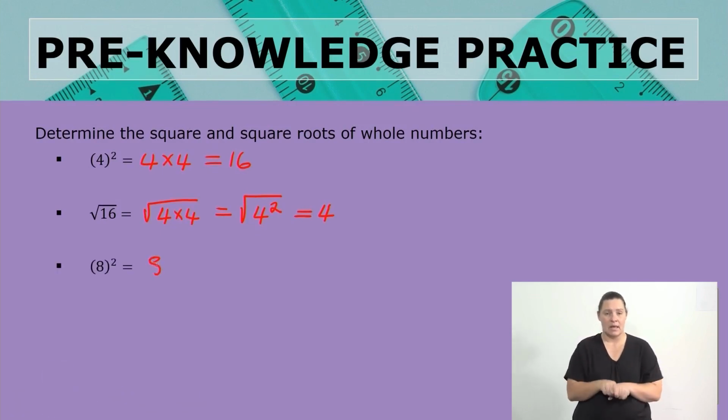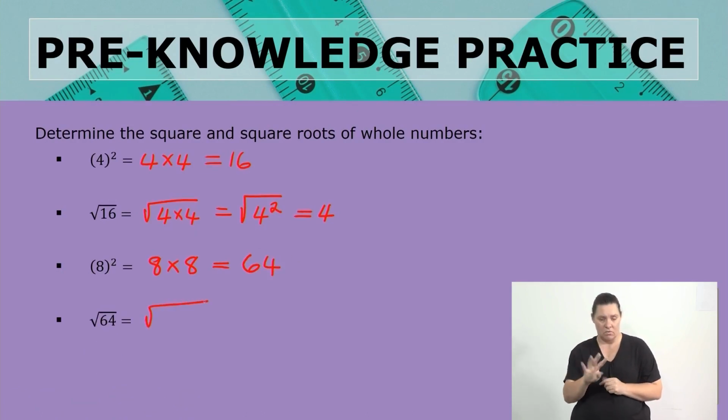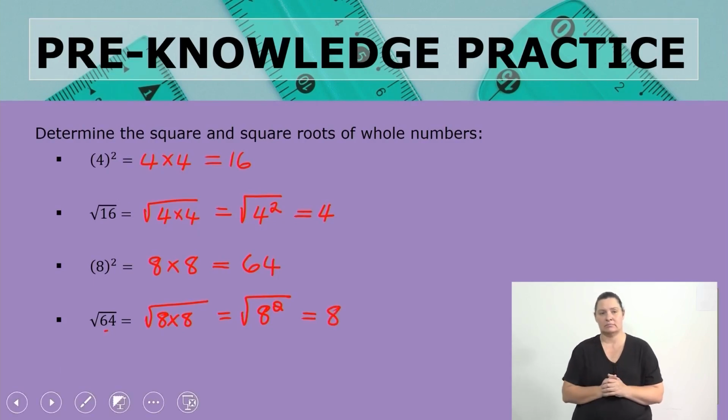The same thing with 8 squared. That will be 8 times 8. That will give me 64. So 8 squared is 64. And then when we are looking at the square root of 64, we know that 64 comes from 8 times 8. That means that it comes from 8 squared. And my answer for the square root of 64 will be 8.